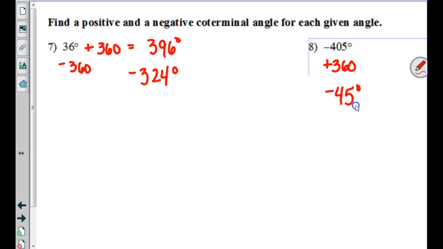Okay, so that's coterminal. But what could we do to get a positive one then? Okay, but if you subtract a negative, it's going to still give you negative 45. So we need to do what? I need a positive number, guys. Add 360 again. Positive 315? No?